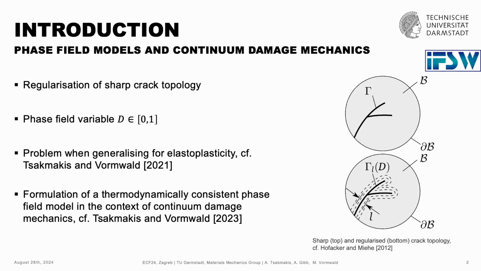The basic idea of the phase field approach is now to essentially regularize this approach. That is, we want to smear this discrete crack over a certain width. This width is governed by a so-called length scale parameter. To obtain such a formulation, we also need to introduce a so-called phase field variable, which will take values between 0 and 1. 0 denotes a completely intact material state, 1 denotes a completely broken material state.